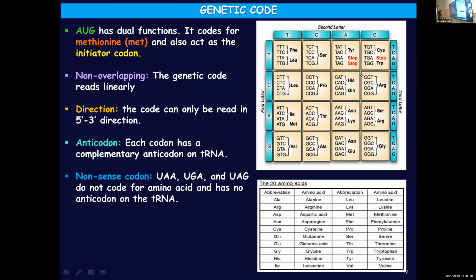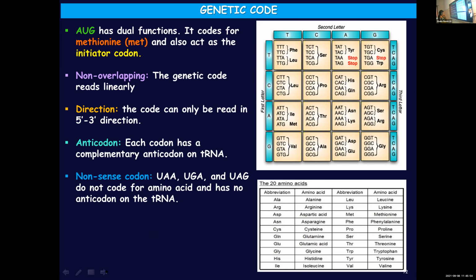Nonsense codons are those codons which do not code for any amino acid. You should know these by heart. You don't have to learn the entire codon table, but some of them, like start codons and stop codons, you should know. They do not code for any amino acid, and there are no anticodons on transfer RNA for these three codons.